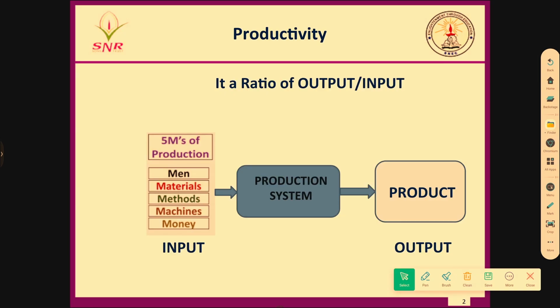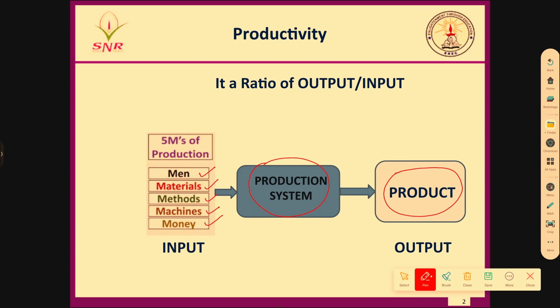So I have taken an example of a production system, wherein what we produce is products, and what we give as the input can be categorized into 5 different categories, namely men, materials, methods, machines and money.